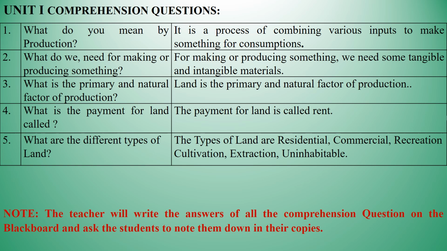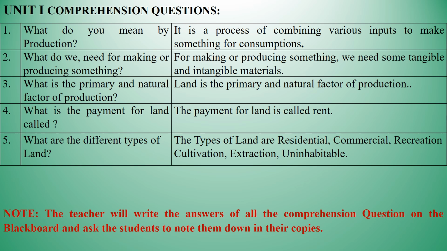The teacher will ask the third comprehensive question, that is, what is the primary and natural factor of production? The answer given by the students will be that land is the primary and natural factor of production. The teacher will now ask the fourth comprehensive question, what is the payment for land called?